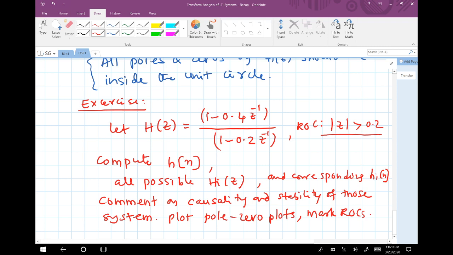What I will do subsequently is make some more video lectures in which I would discuss, for any given system, how we could convert it into an equivalent system that is both causal and stable, although the initial system is not causal and stable. That's what the next lecture would be on.